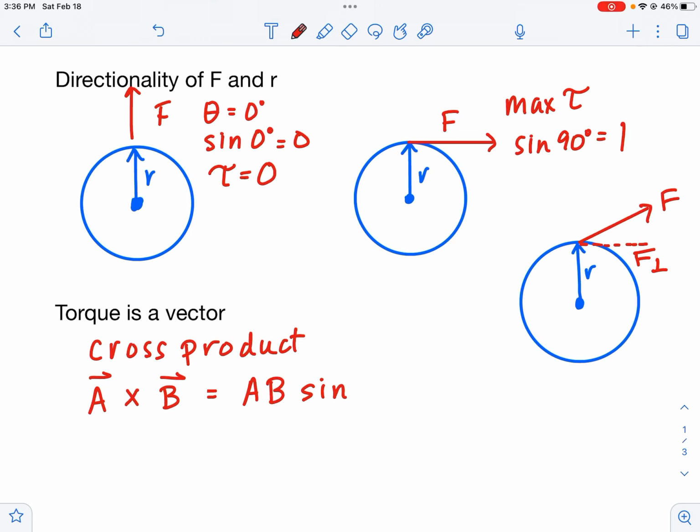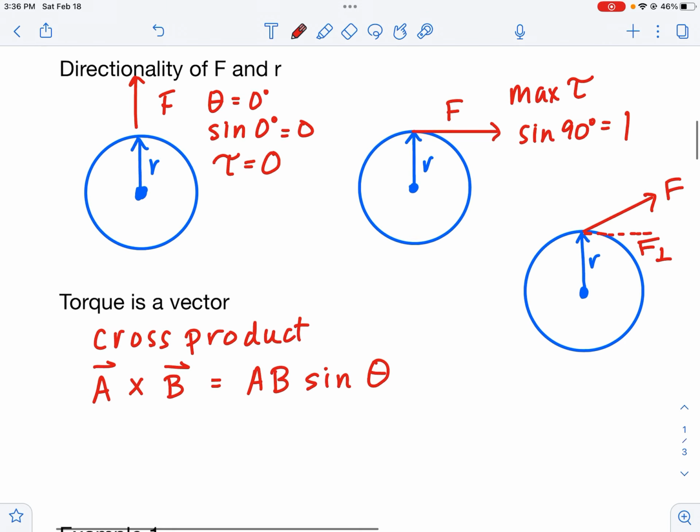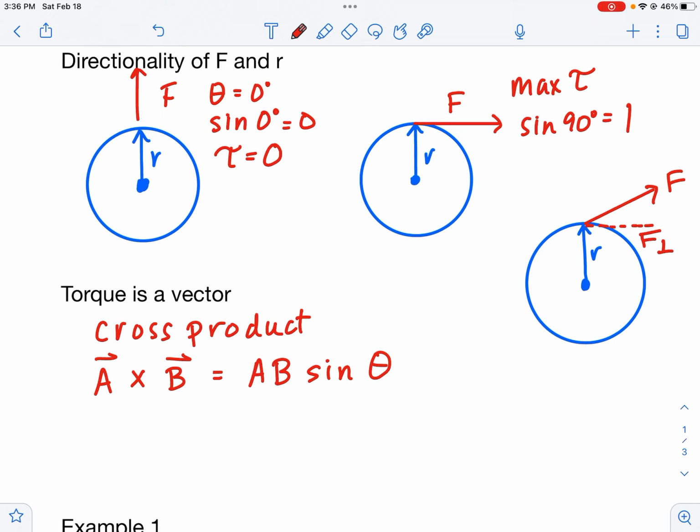And with torque, we can see why this makes sense, because it's only the perpendicular component that makes this work, or only makes it twist. What we're going to see is that the directionality of torque is actually into a third dimension.